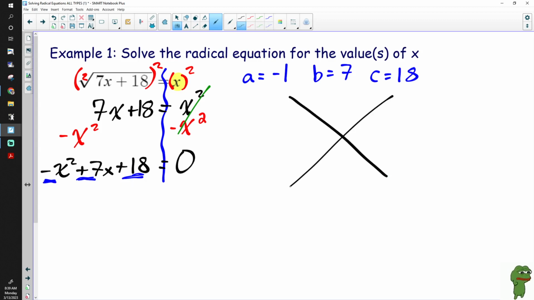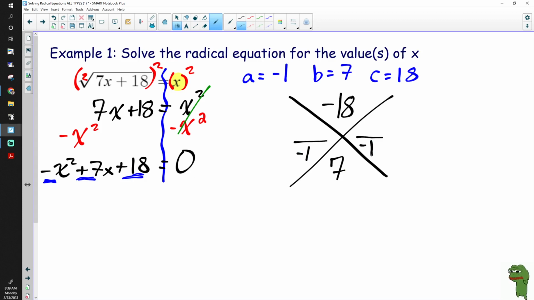Up on the top, A times C. Negative 18. Negative 1 times 18 is negative 18. On the bottom, we put our B, 7. Then divide both sides by whatever A is. This time it's a negative 1.